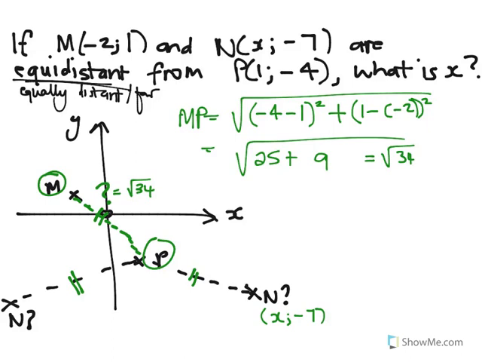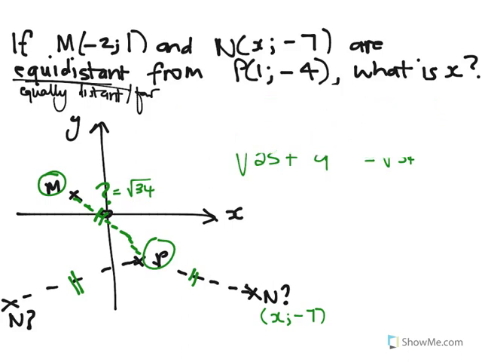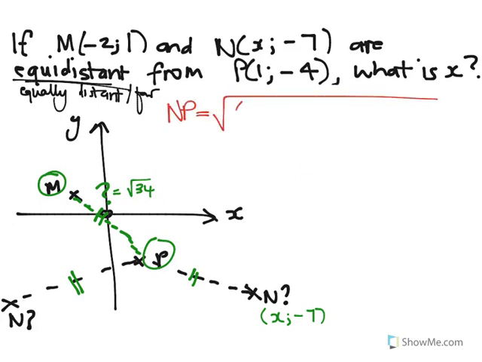So let's find NP. So, well, let's find X really. So we know that the distance between N and P will be given by the formula xn minus xp squared plus yn minus yp squared. And we know what NP is.